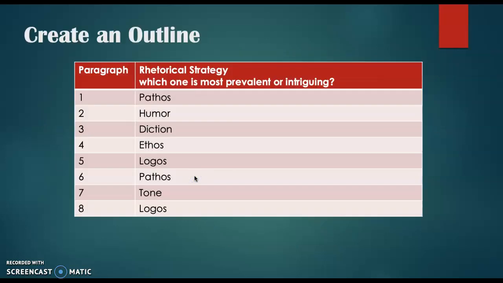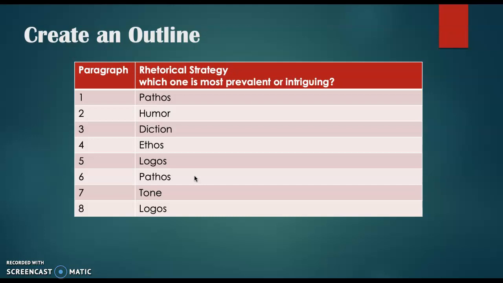So after I've done my close reading, then I'm going to create an outline. Say the essay is 8 paragraphs, then I will list them in a chart like this, and then I'll say the most prevalent or intriguing strategy used in each paragraph. And this is just an example. Sometimes you'll have repeats. Sometimes you'll have short paragraphs, and you might combine.